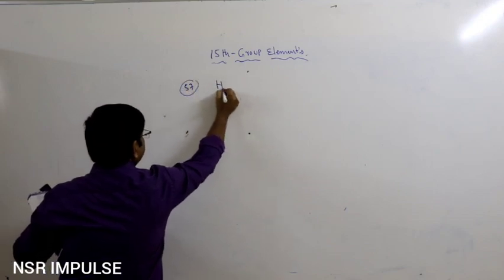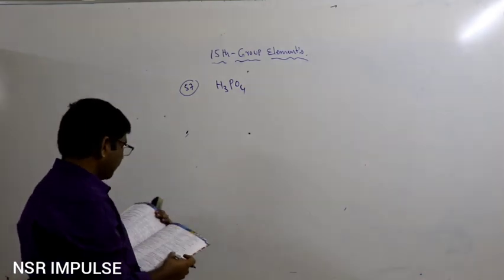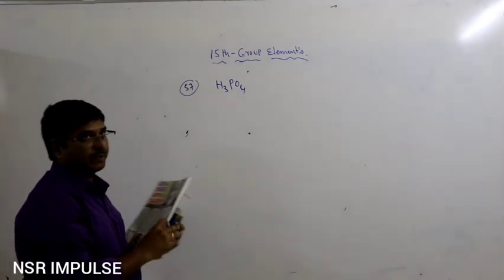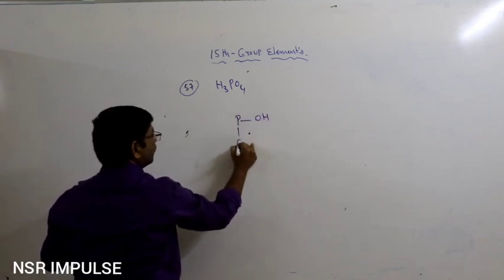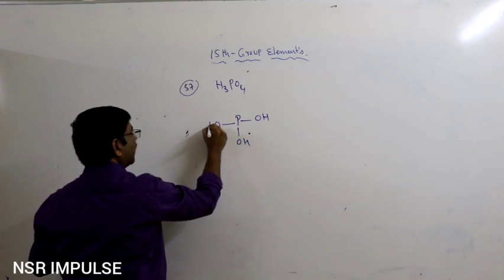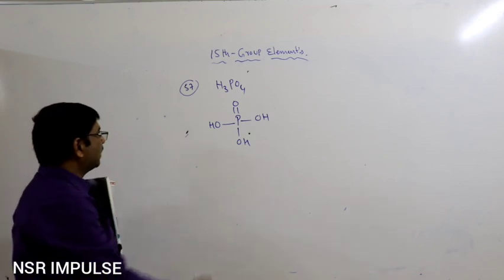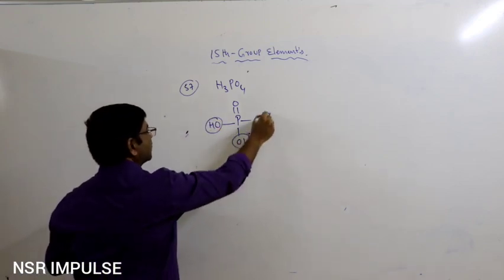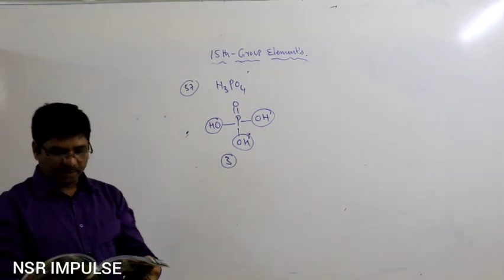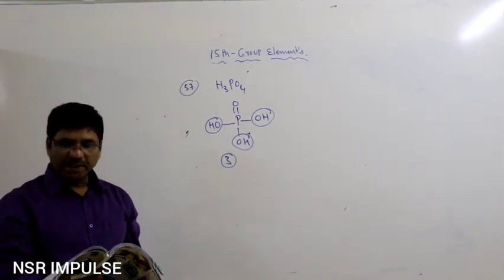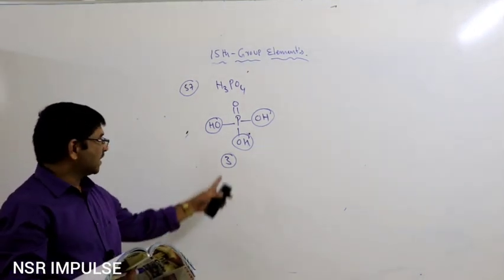What does he want? H3PO4, the number of hydroxy groups. You know the structure: P, OH, OH, OH, double bond O. How many OH groups? OH group is called hydroxyl group. How many are possible? 3 possible. So that is question number 57. The answer is 3.